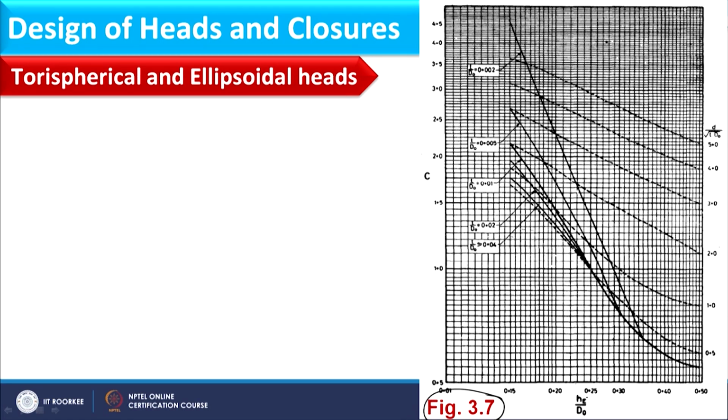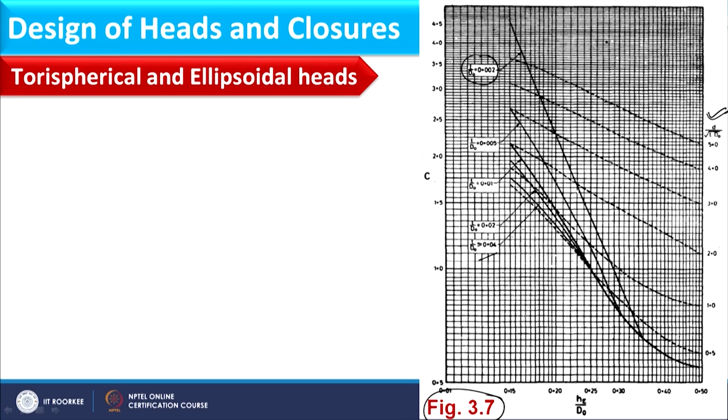Once I calculate He by d naught, I can find the value of C. If you observe this graph, here I am having solid lines for T by d naught varying from 0.002 to 0.04, and here also I am having broken lines, and these lines vary from 0.5 to 5, and on this axis we have d by root over t into d naught. So, this image I have to use to compute the value of C.